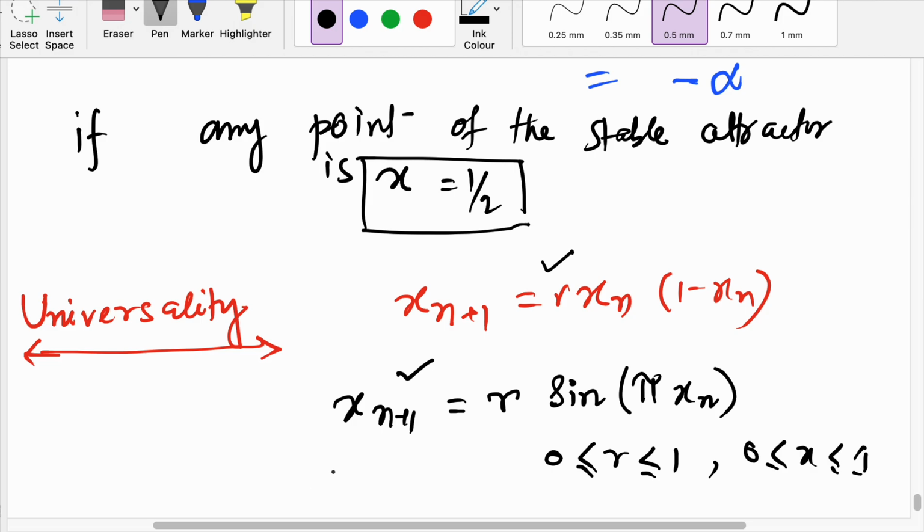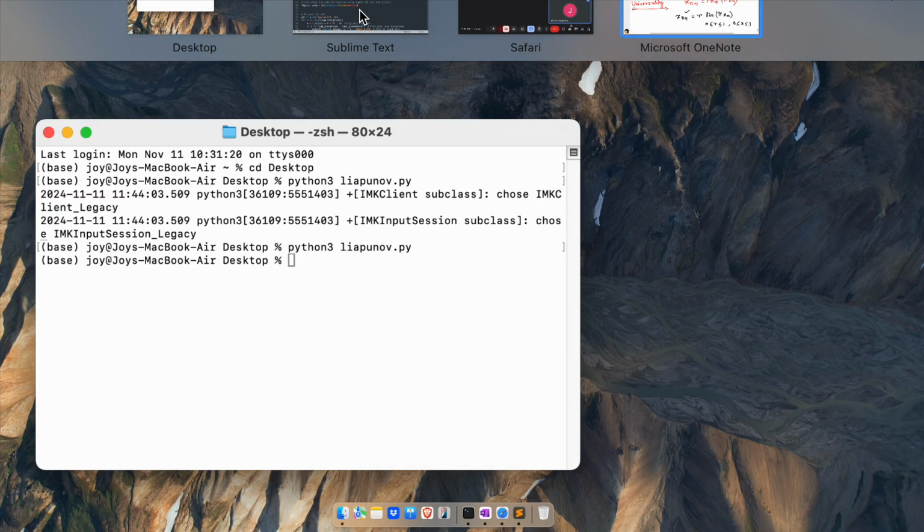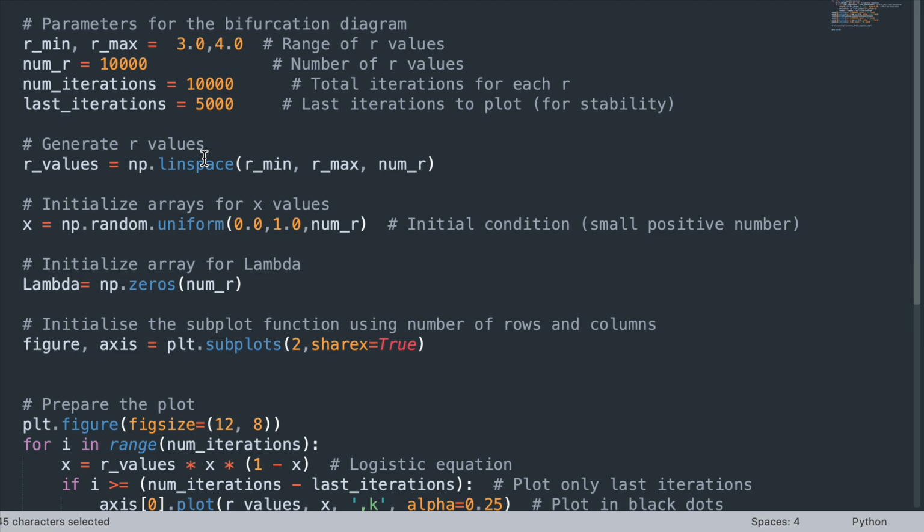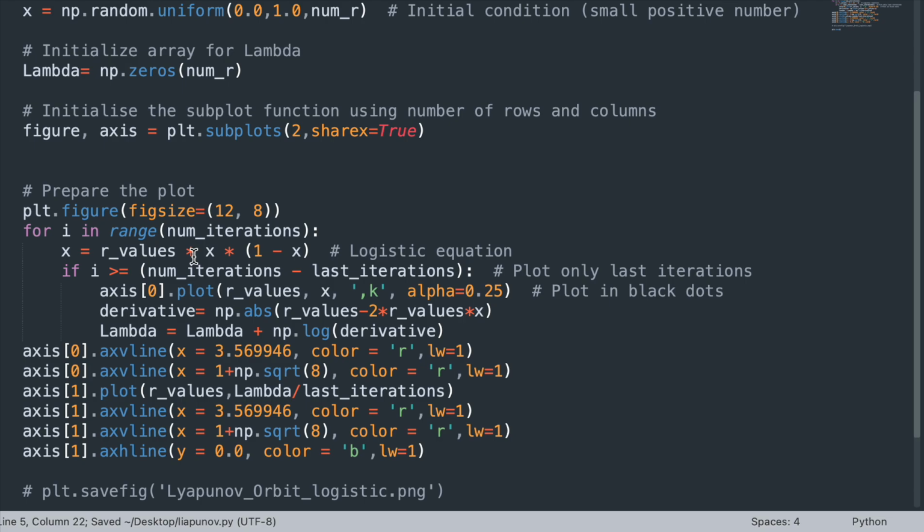So to see that, first let us see this map, and similarly the orbit diagram and the Lyapunov exponent for this sinusoidal curve, from r minimum, say 0.7, to 1.0.